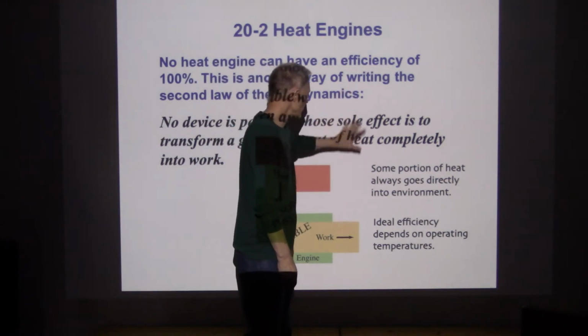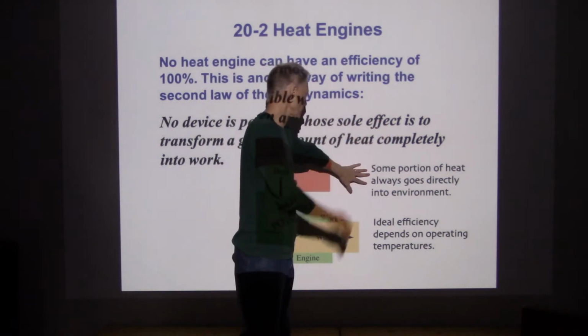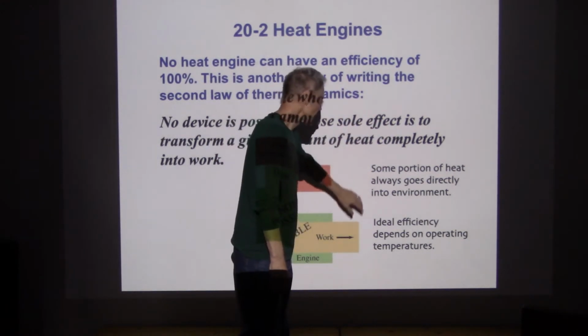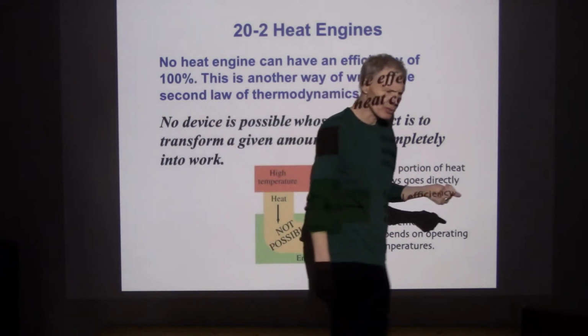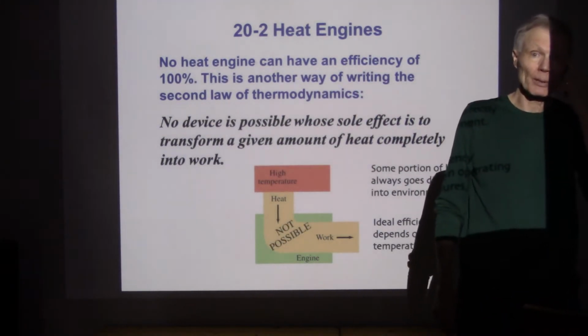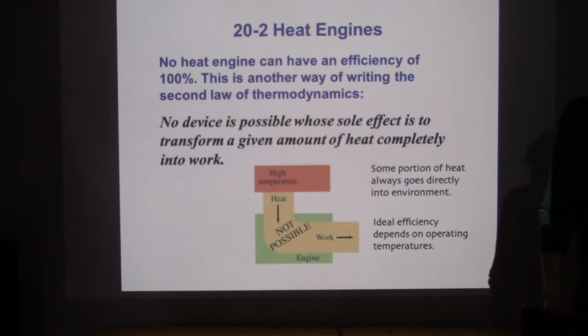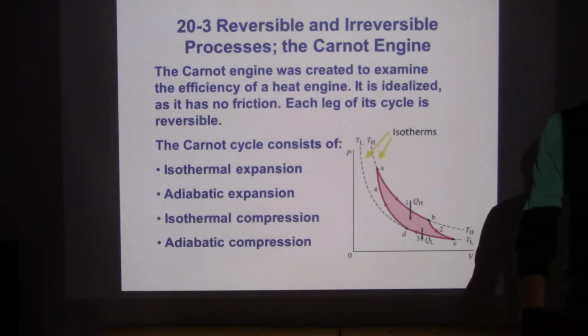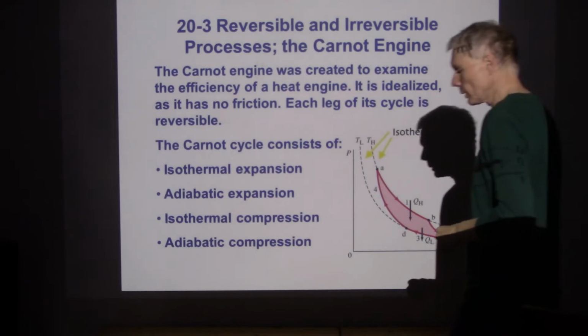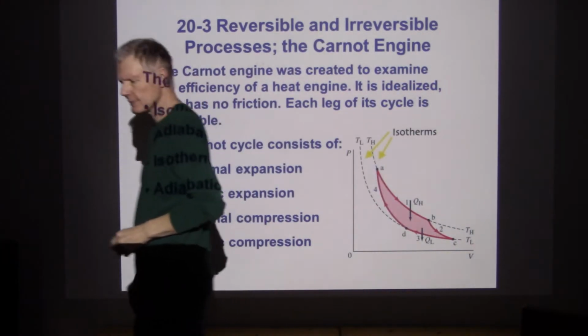So what this is really saying, some portion of the heat always goes directly into the environment, and that the efficiencies, the ideal efficiencies, are going to depend on operating temperatures. So if we can change the operating temperatures, we may be able to work to a more efficient setup.